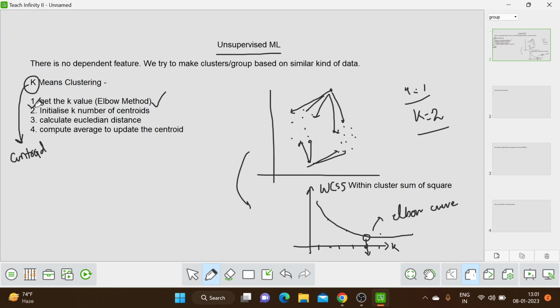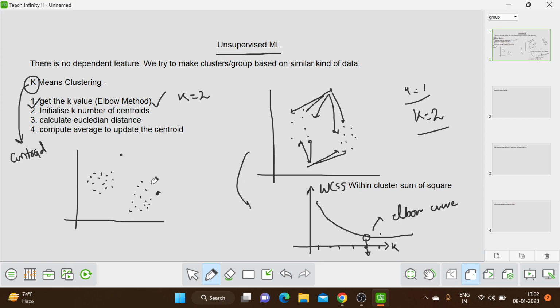Now, second, initialize k number of centroids. Suppose this is my data point. I initialize the k number of centroids. So I suppose k comes to be 2. I initialize one over here and one over here.